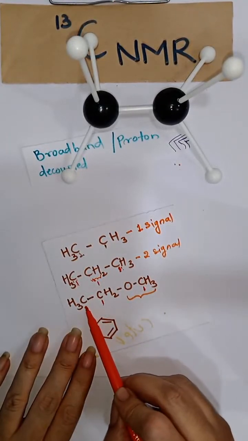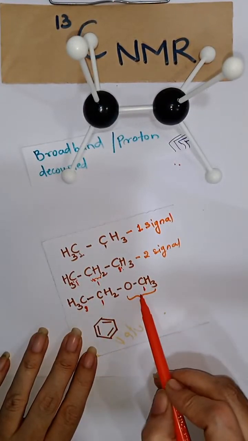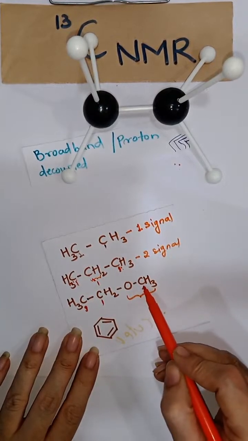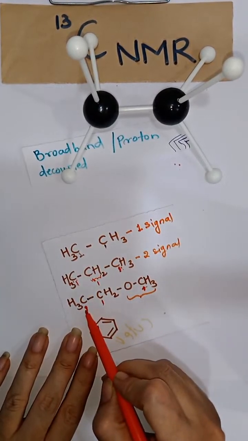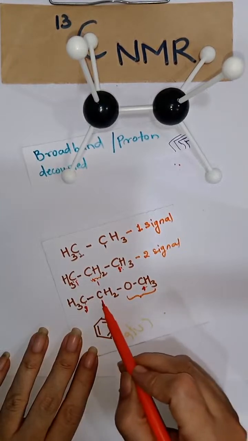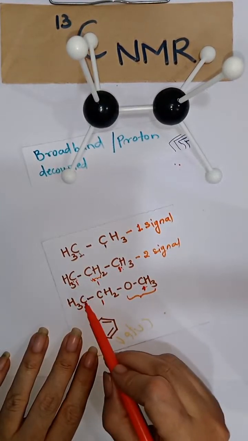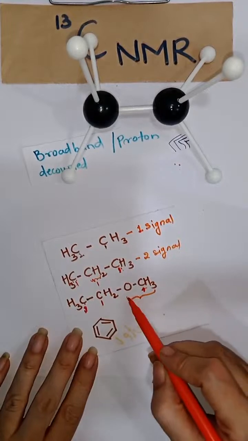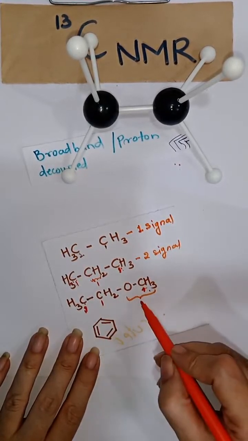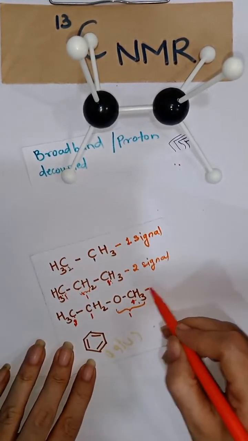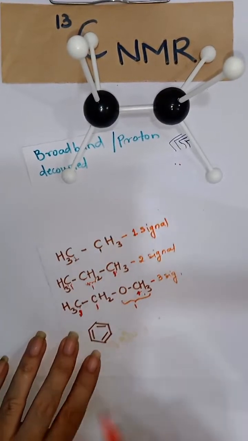This is one carbon, so CH3 will give one signal. CH2, which is different from this, will give another signal. And OCH3, which is different from this, will give another signal. So in all, we will get 3 signals.